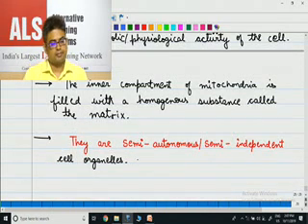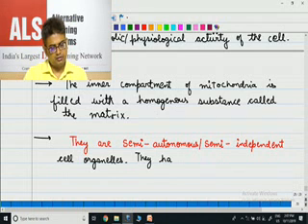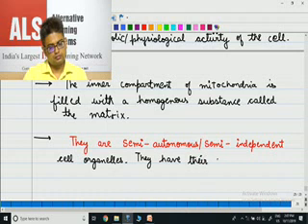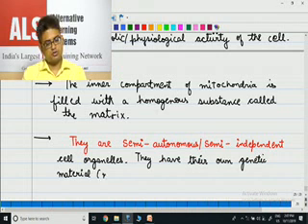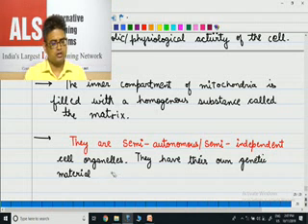Why? Because they have their own genetic material. Okay. Their own genetic material is called nucleoid or genophore, but it's not necessary to write it.